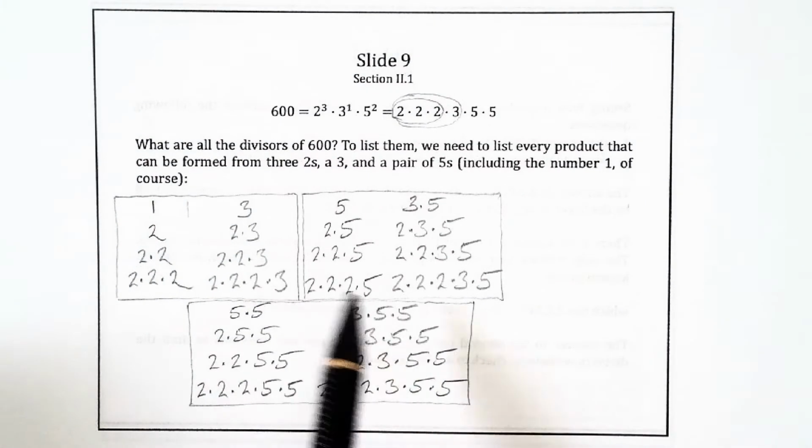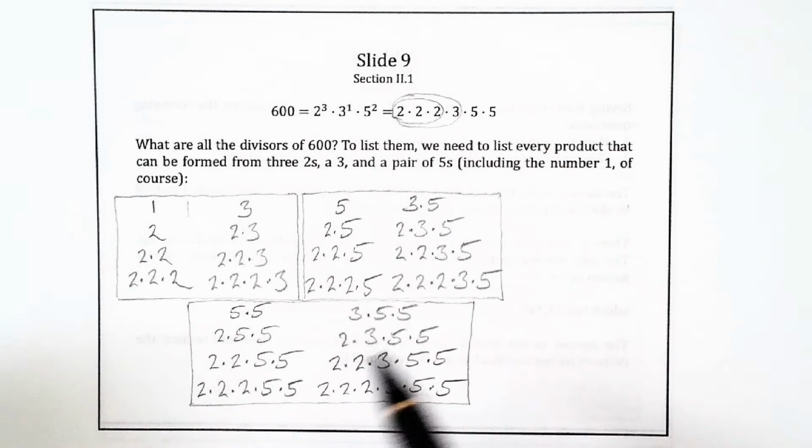Yep, so these are all the numbers I could form out of these primes. See, there's 24 in all. Those are the 24 divisors of 600.